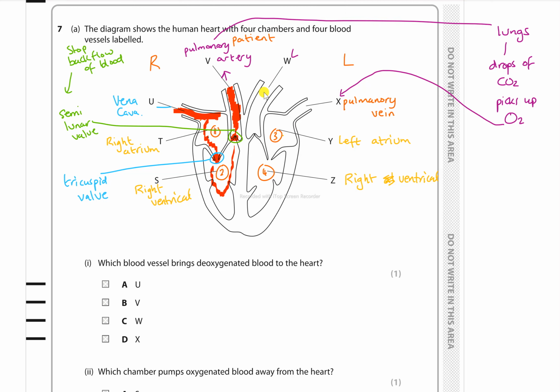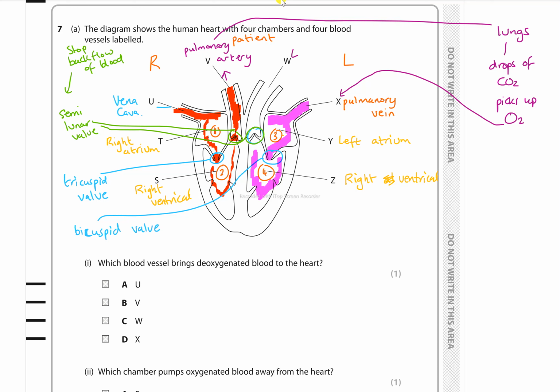It comes in here into the left atrium through the bicuspid valve, into the right ventricle, out of the other semilunar valve, so let's do that green. That's the same thing, they're both semilunar valves.